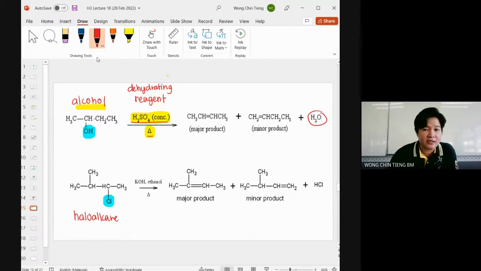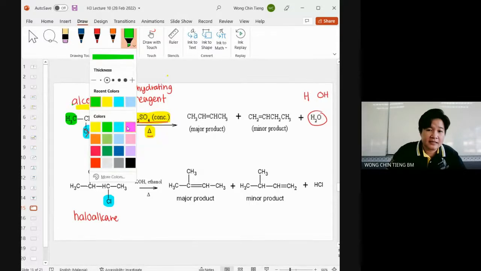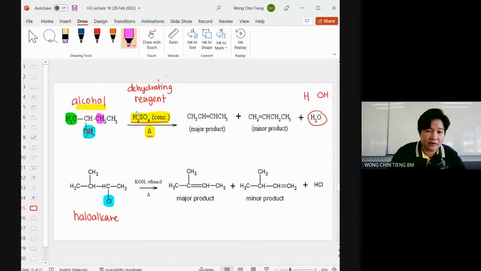So, how do we get that is kita akan buang OH. Selain daripada OH, kita kena remove satu lagi H. So, satu lagi H kita akan remove dari mana? Kita akan remove dari carbon bersebelahan, kiri atau kanan, atas atau bawah. Okay?